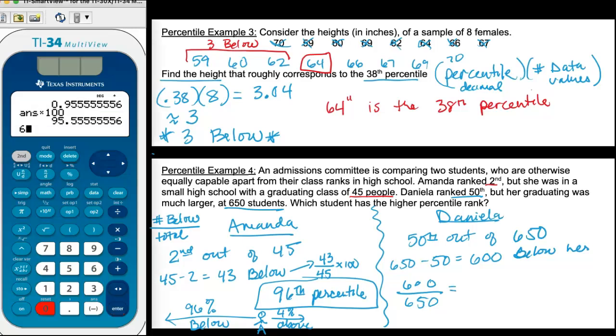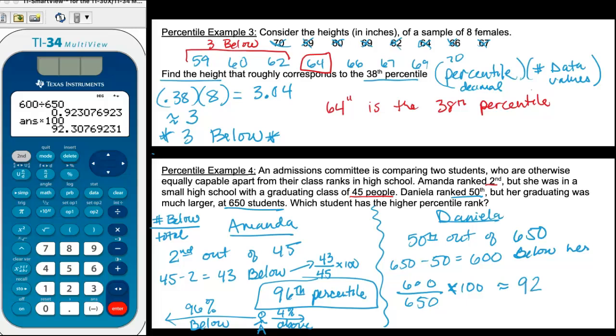So I'm going to do 600 divided by 650 in my calculator, and then I'm going to multiply by 100. Go ahead and write that down actually, times 100, and I'm going to round to the nearest whole number. So 92.3 rounds to 92. So she's in the 92nd percentile.